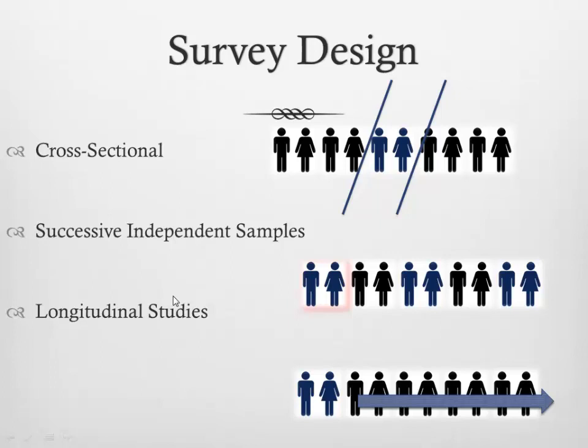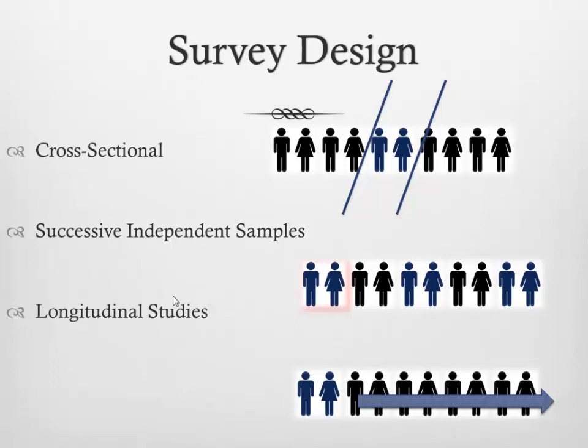Alright, so we're going to talk about some issues in survey-based research and developing questionnaires. One issue I wanted to point out is in research and program evaluation, you have a number of different survey research designs that may be available to you.